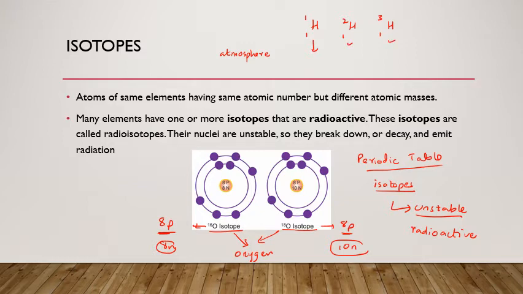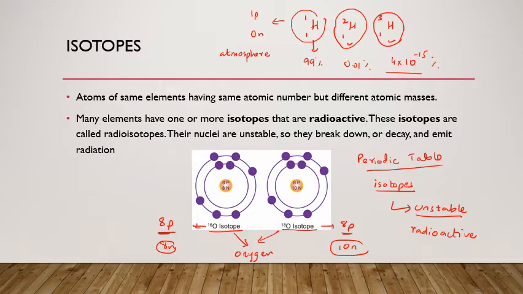The chance of finding hydrogen in the atmosphere of this nature, that means having one proton and zero neutron, is around 99%. The chance that we find this is around 0.01, and the chance we find this is around 4 exponent minus 15. That means very low chances.